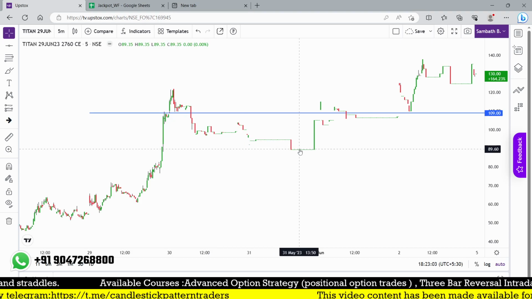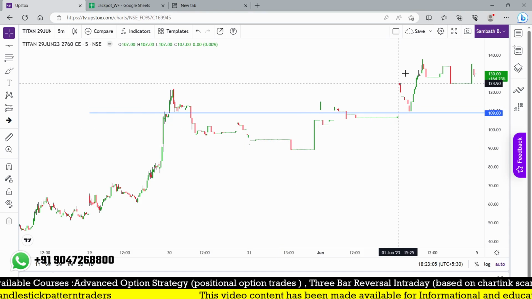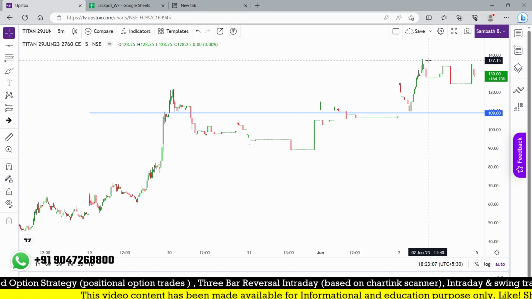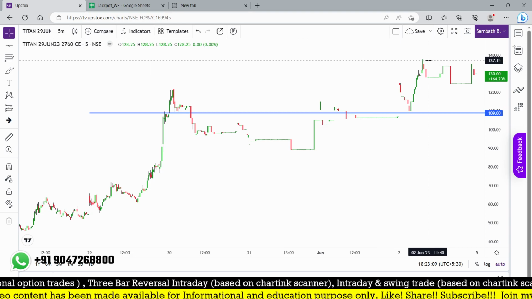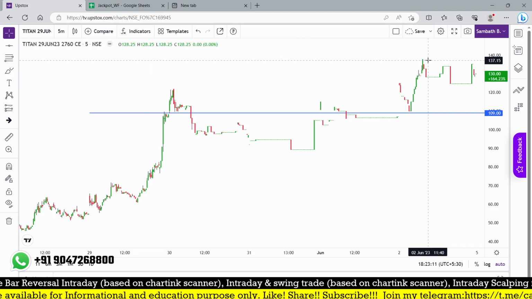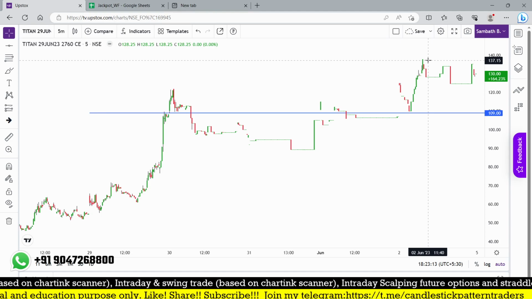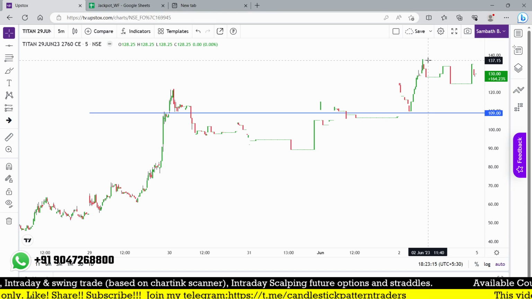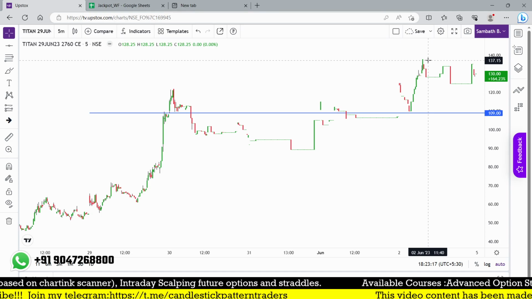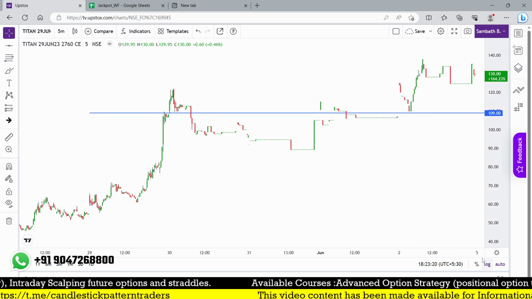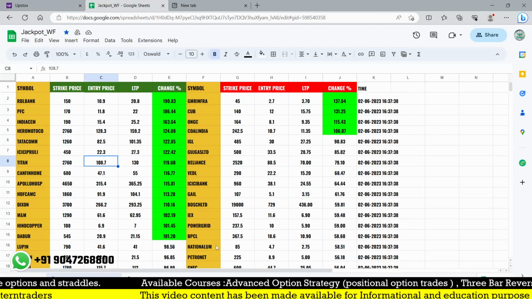So immediately it came down to the 90 level. From that 90, it went up to 137 and finally closed at 130. So 20 points. Here we know the stop loss and target. Those who attend my classes know very well this trade did not trigger your stop loss. So no problem for this particular trade.